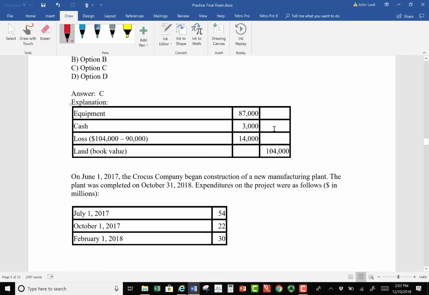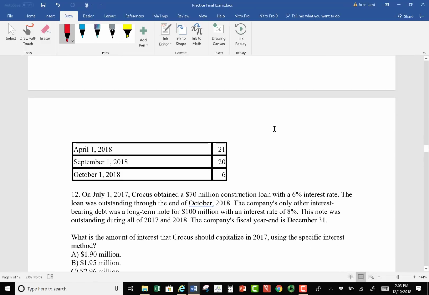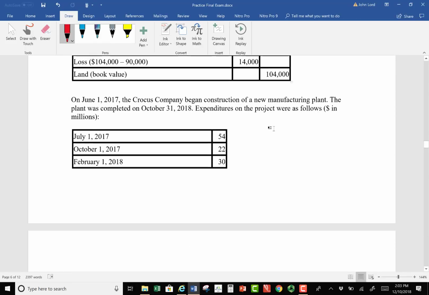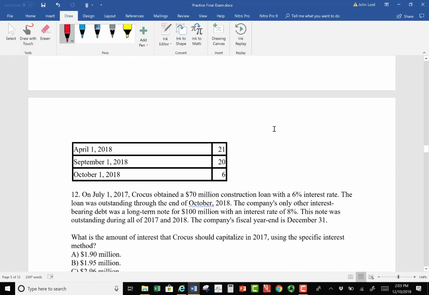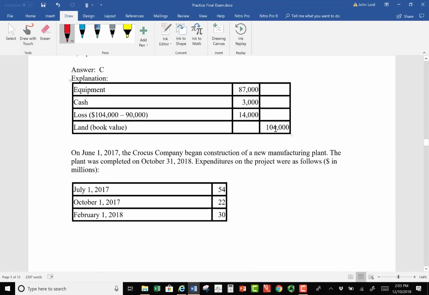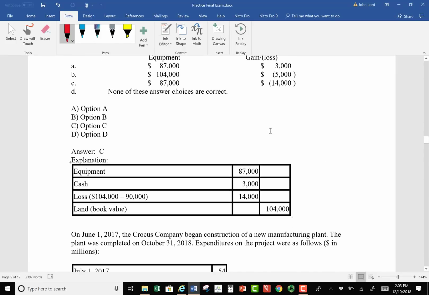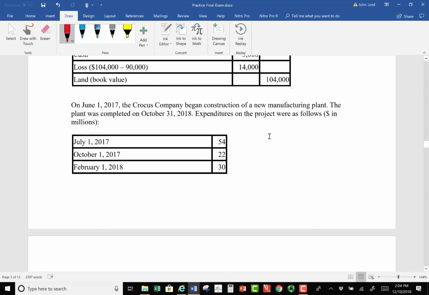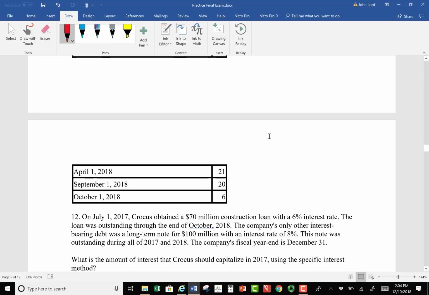Number 12. And there's the question, right? What am I missing? Oh, where was I? Up here? Oh, there's no number 11? Oh, sorry. There's no number 11. I just put the number next to.